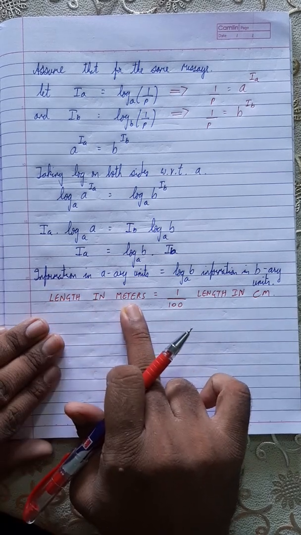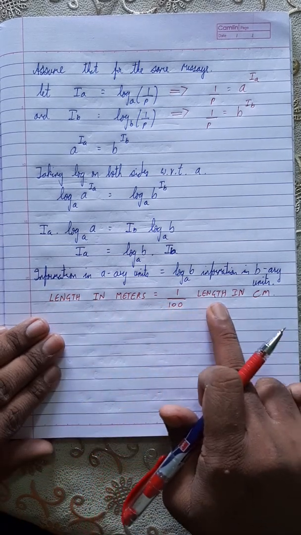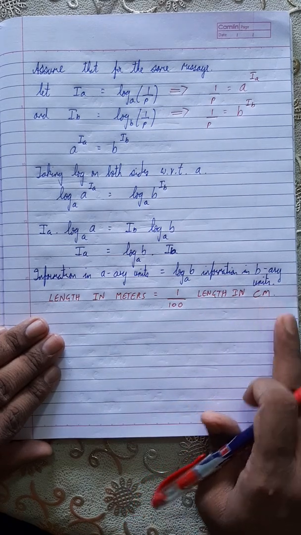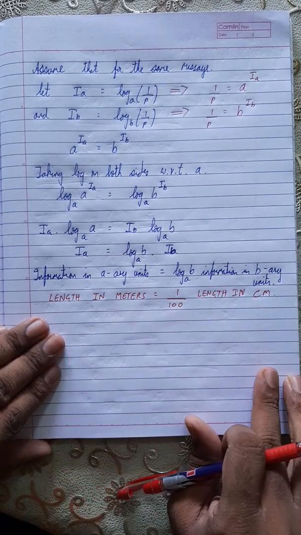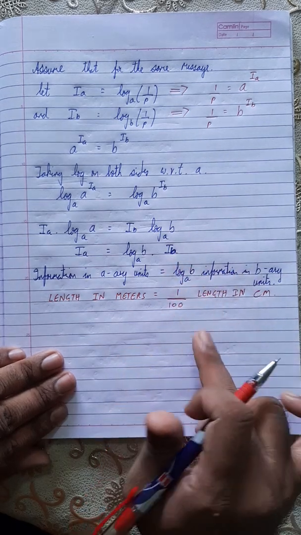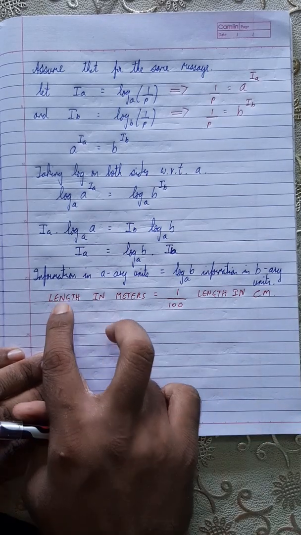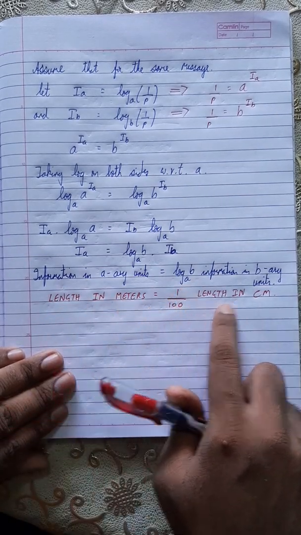Information in a-ary units is equal to log b to the base a times information in b-ary units. That is what this means. This log b to the base a is actually a number, like 1 by 100 is a number. So length in meters is equal to 1 by 100 times length in centimeters.